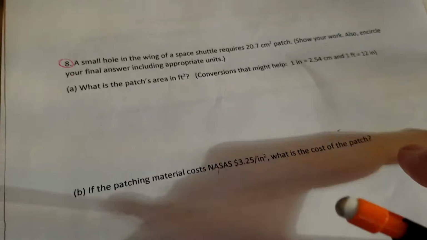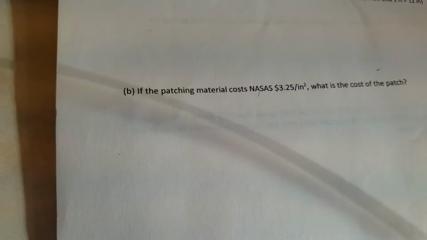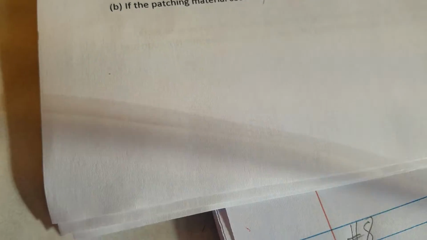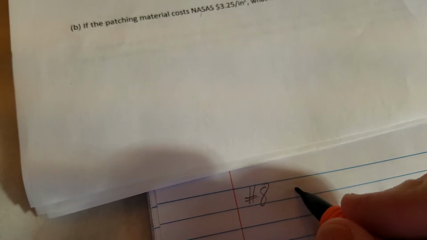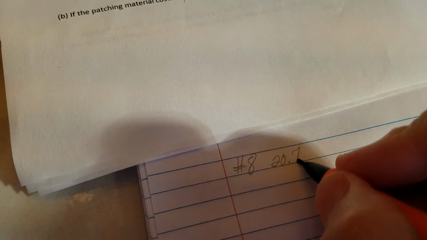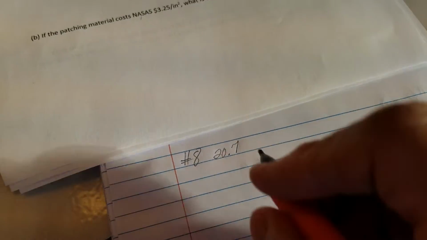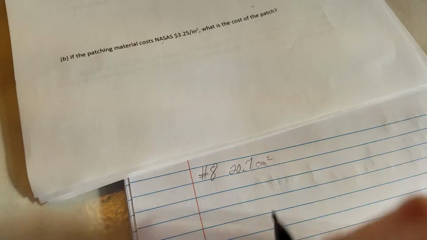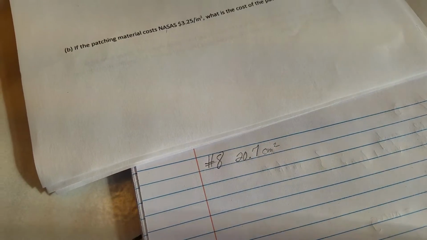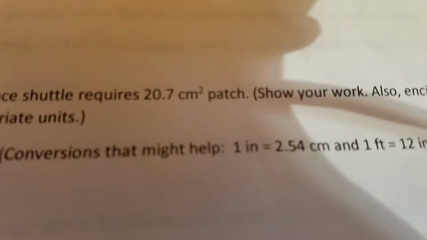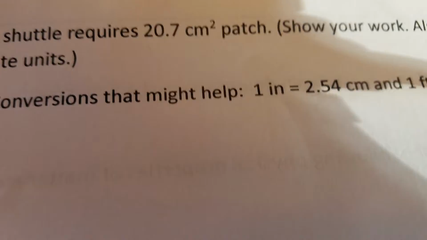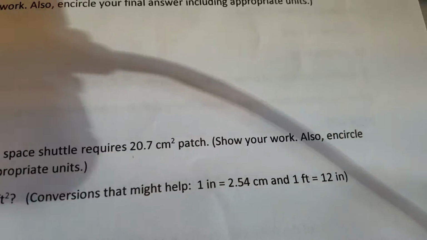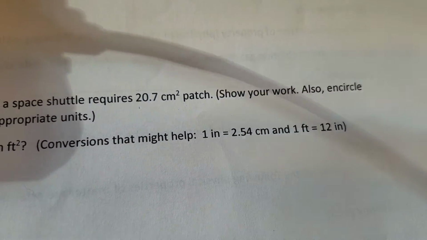So to begin with, we're going to start with the 20.7 that they gave us. And the only conversion factor that we have that has anything to do with centimeters is the 1 inch is equal to 2.54 centimeters.